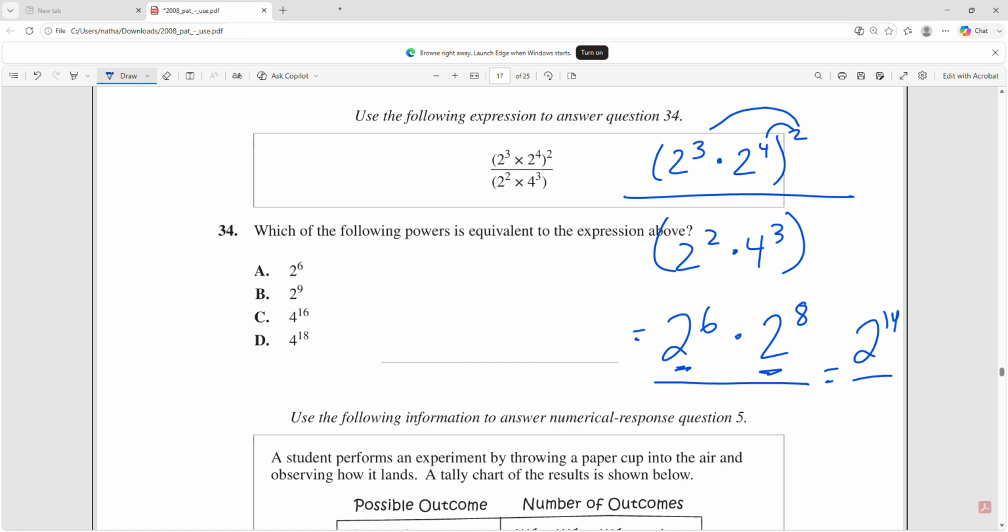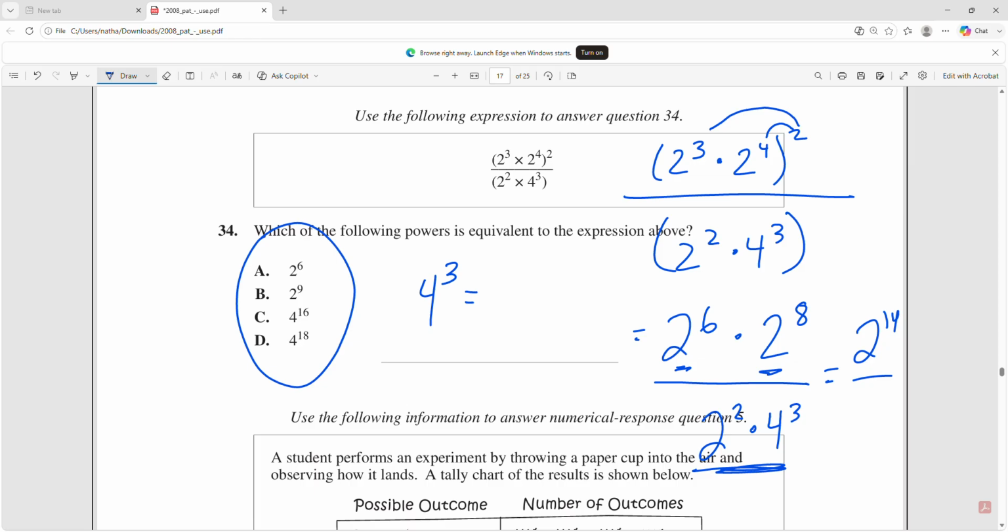And on the bottom, now let's see, our answers here are either going to be 2 to the something or 4 to the something. So they're throwing a little trick at us. We've got 2 to the 2 times 4 cubed. I want to try to get this all looking like 2. I want to get that 4 out of there. So how could we express 4 cubed?